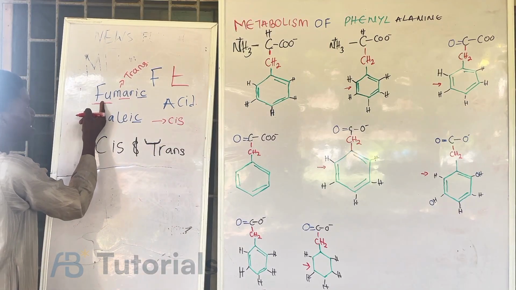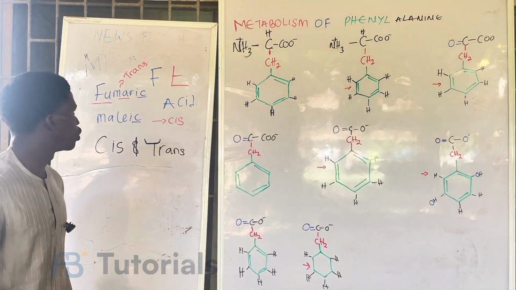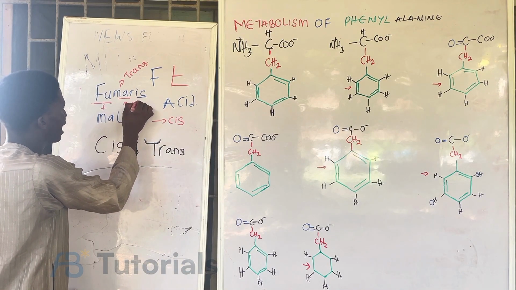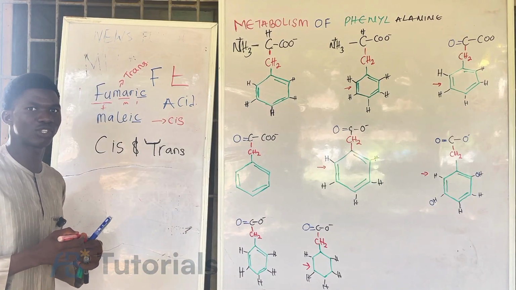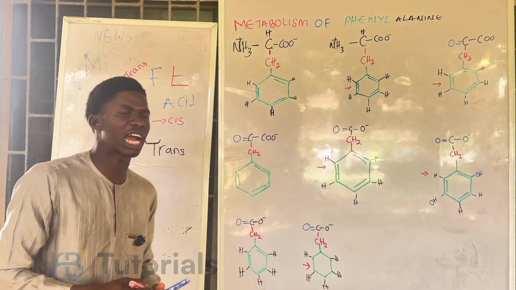Okay, fumaric and malic are isomers. Hope it is clear. But how many carbons do you think each of them has? They have 4 carbons each.